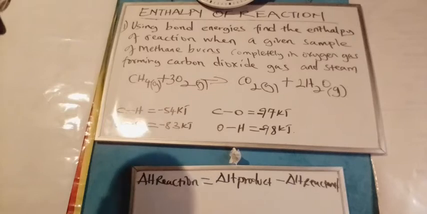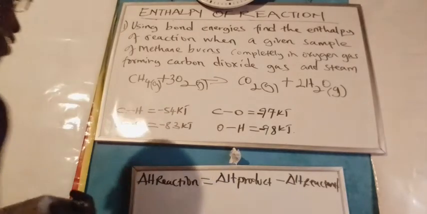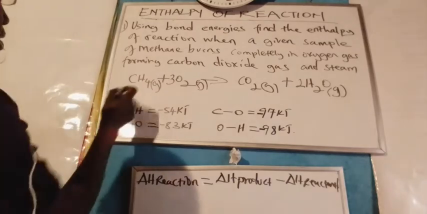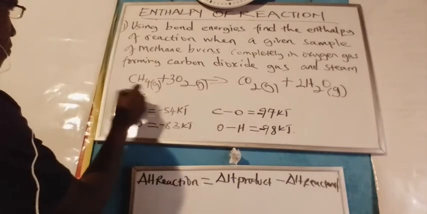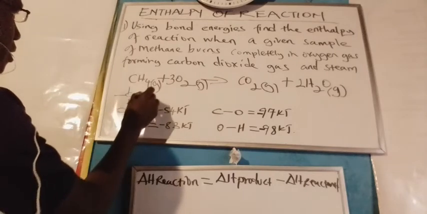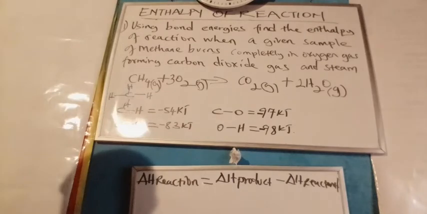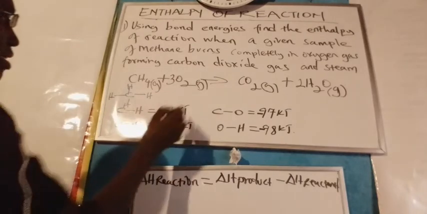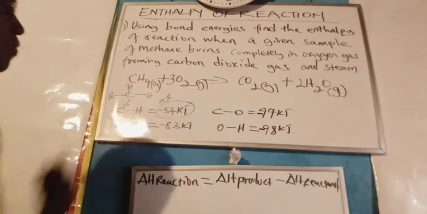The first thing to do is to identify all the bonds and quantify their respective overall energies. So in the first case, carbon bonds to hydrogen, there are 4 respective bonds of carbon joined to hydrogen in methane. Therefore, we would assume that this quantity of energy will be a multiple of 4.